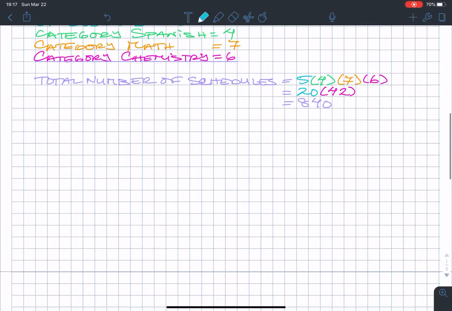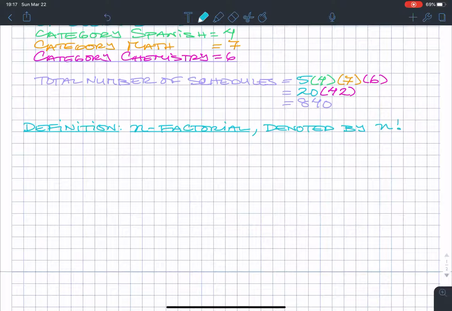Okay, so definition. N factorial, that's what we're defining. So let me underline it. N factorial, denoted by an n with an exclamation point, is the product, which means multiplication, right?